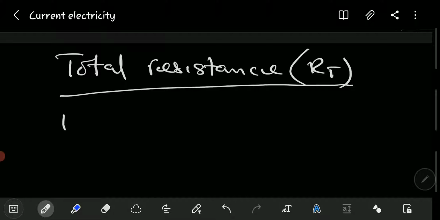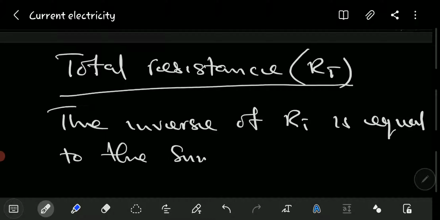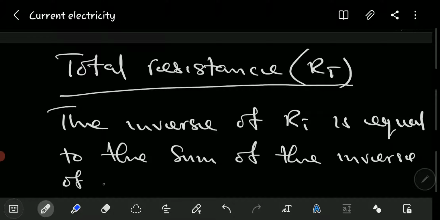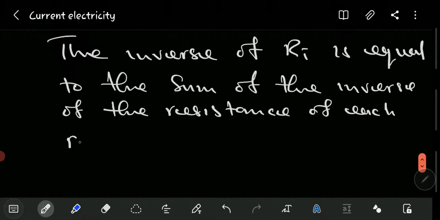The inverse of the total resistance is equal to the sum of the inverse of the resistance of each resistor.